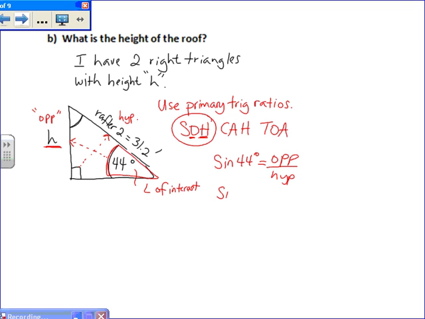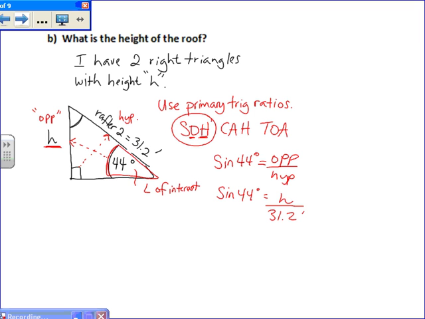So sine of 44 degrees is equal to the opposite, which is h. Okay, that's the height, over the hypotenuse, which is rafter 2, 31.2 feet.